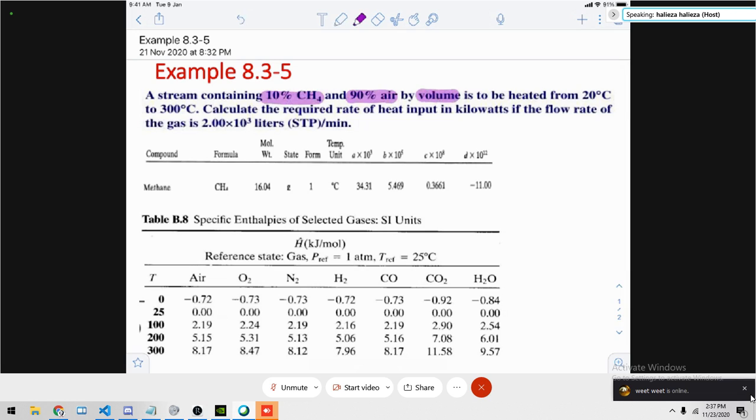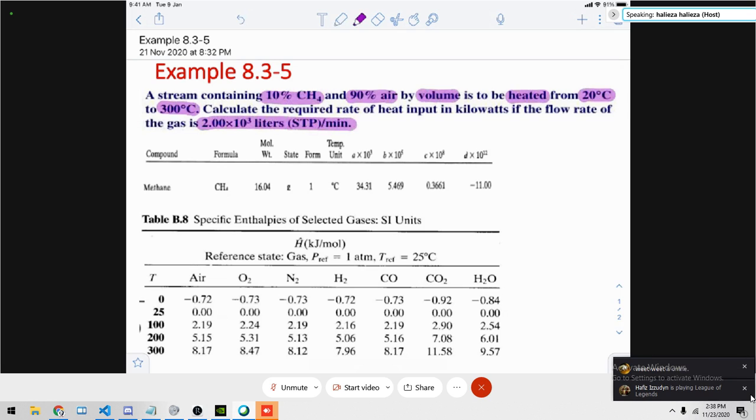Yes. Good, thank you. Now you're going to heat it up from 20 degrees C to 300. This question is very similar to the previous example, but your flow rate is not given in mole per hour or mole per minute. It is in liter per minute, liter at standard temperature and pressure.